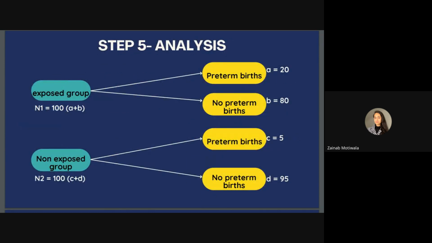Now let's talk about the next parameter, population attributable risk. But before we get to that, let's talk about how to calculate the total incidence. So you all know the concept of incidence.